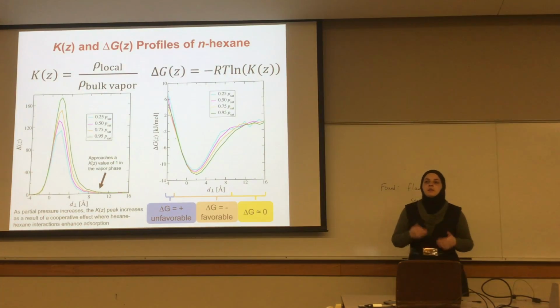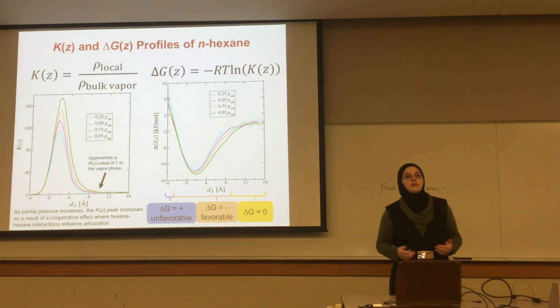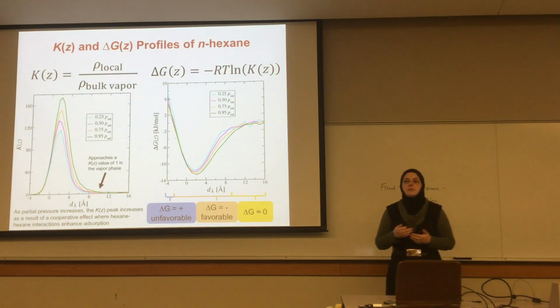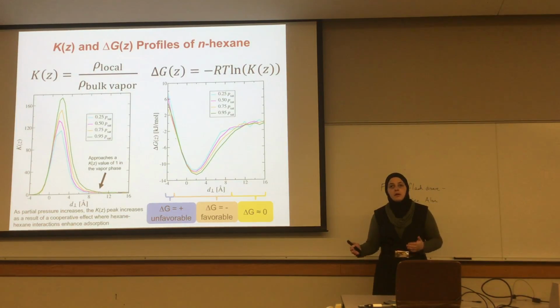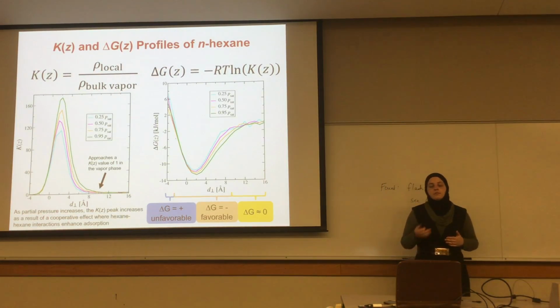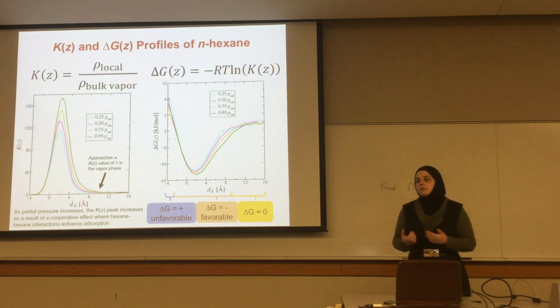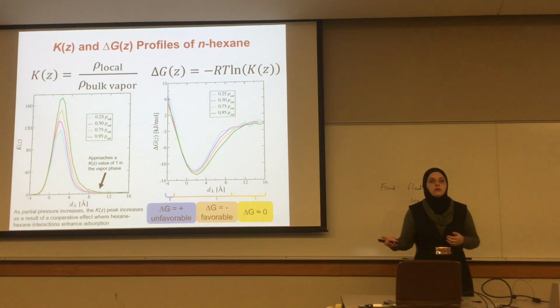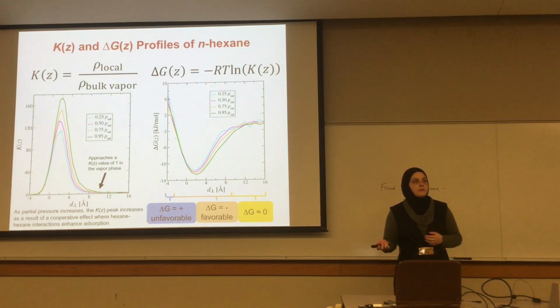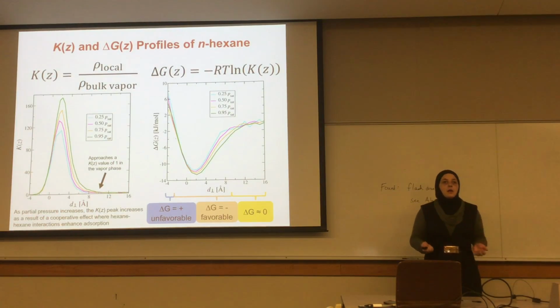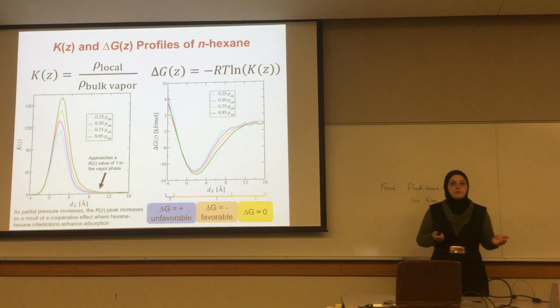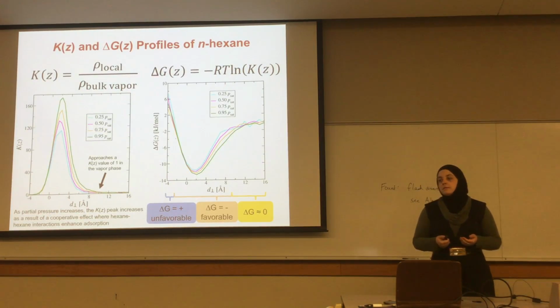If we had run these simulations long enough, our statistics should show us that in the vapor area of our water slab, we have the same density that we have in our reservoir. So when we divide by the vapor density of the reservoir, we should have a value of 1. Does that make sense in the vapor? So what do we see? A peak, right? Right near the interface.